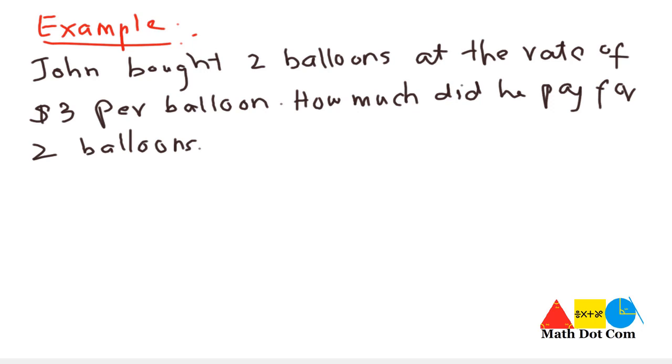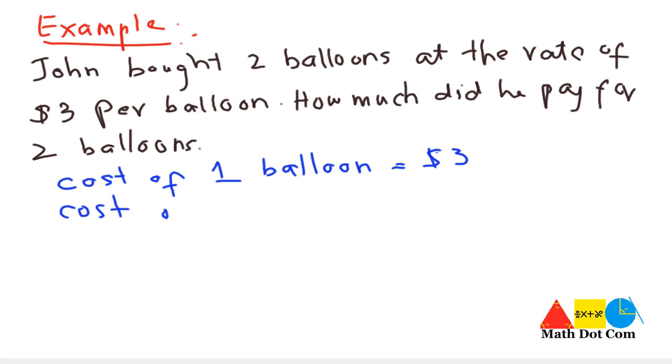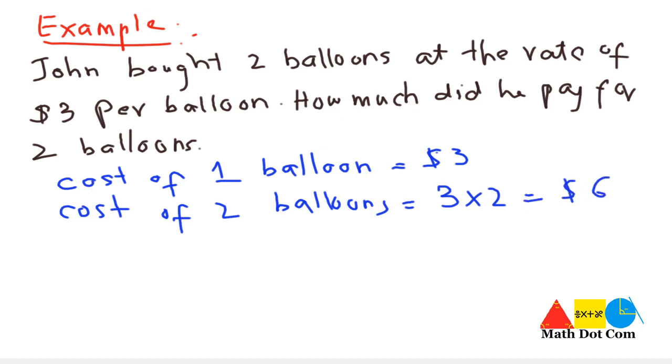Let's find it by the concept of proportion. As the cost of one balloon is $3, then the cost of two balloons is obviously 3 multiplied by 2, equals $6. How can we represent it in the form of proportion?